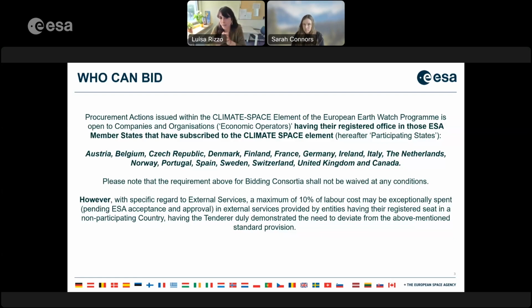As you can see, and this is a standard sentence you will find in all climate space ITTs, the procurement actions issued within this program are open to companies and organizations having the registered office. And when we talk about office, we refer to the official registered seat in those ESA member states that have subscribed to the climate space element.